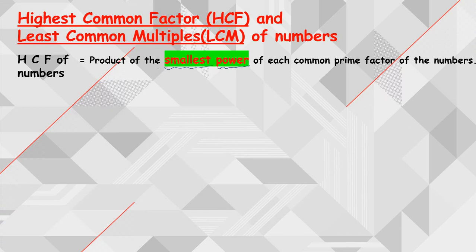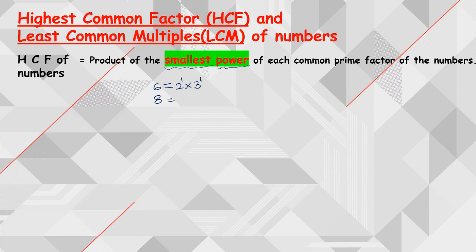Suppose I consider the number 6 and the number 8. What is the HCF of these two numbers? For that, I need to prime factorize them. 6 is 2 into 3, and if there is nothing in the power, then you can simply consider it as power 1.